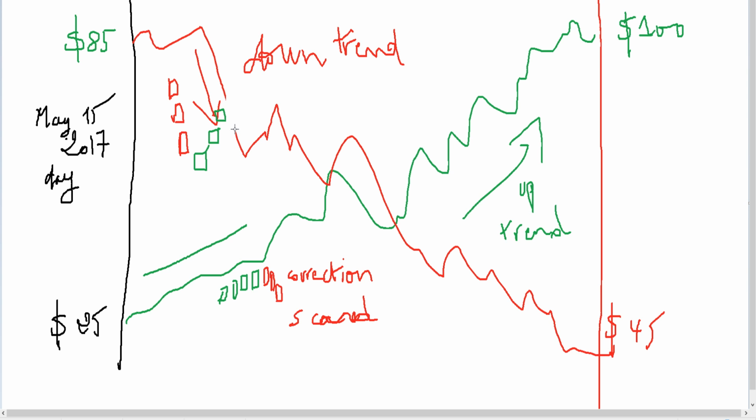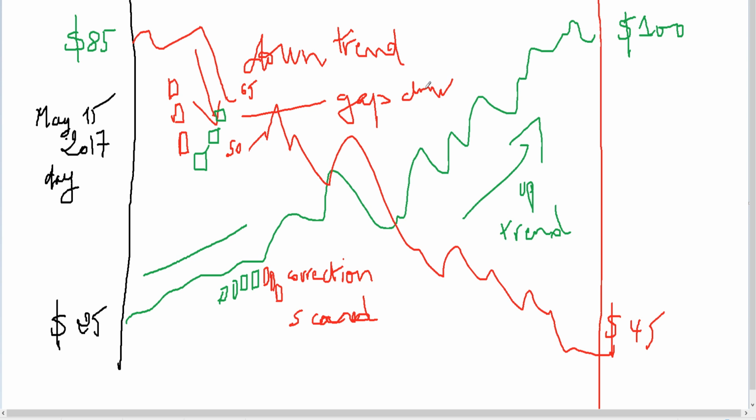A gap down means that the stock has jumped down. Let's say here it was 65 and it goes here to 50. This one is called a gap down.